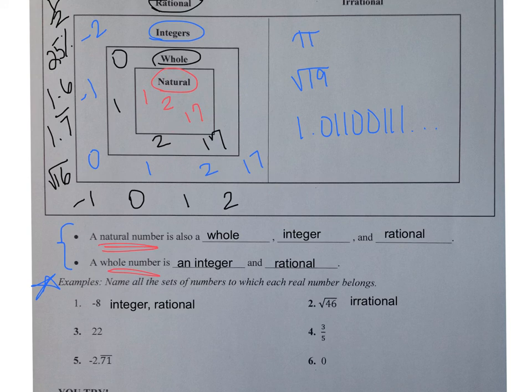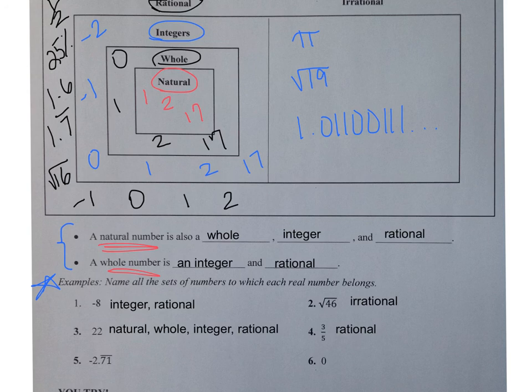If it's natural, it's everything above. It's going to be a natural, whole, integer, and rational. Let's look at number 4, 3/5. Where does 3/5 start? Well, all your fractions start right here in the rational category. So a fraction is just going to be rational.